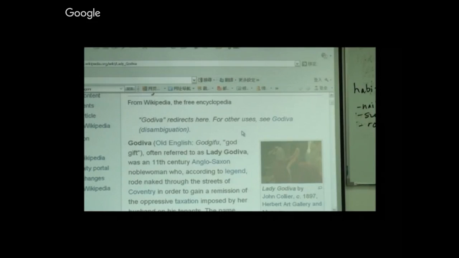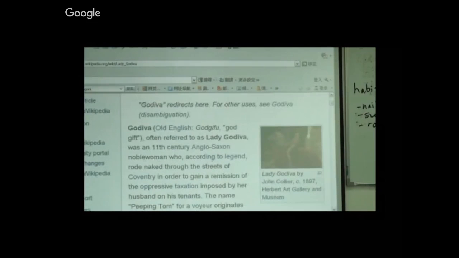She's a noblewoman. Noblewoman, ordinary person. Okay?